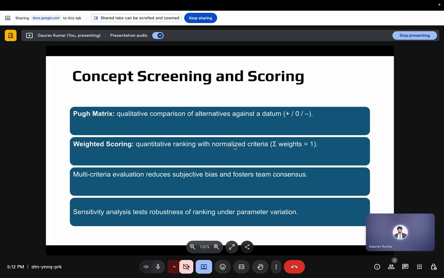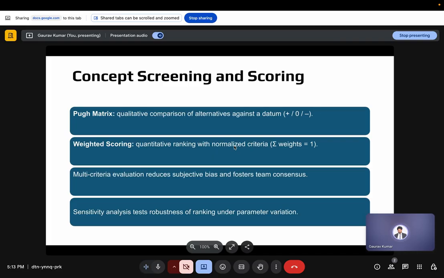It allows the designer to evaluate alternatives relative to a reference datum using a simple scale of plus, zero, and minus, focusing on strengths, weaknesses, and neutrality. This quick comparison helps eliminate poor ideas early while retaining the promising ones for deeper analysis.